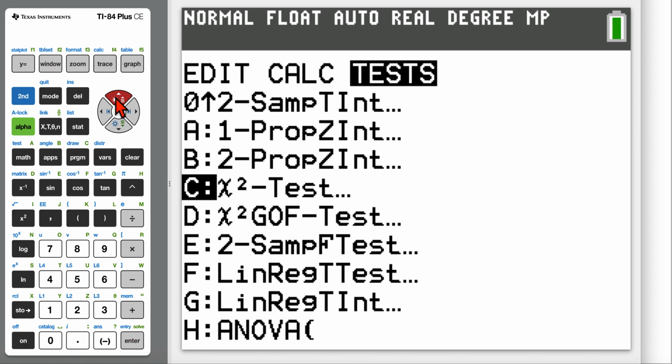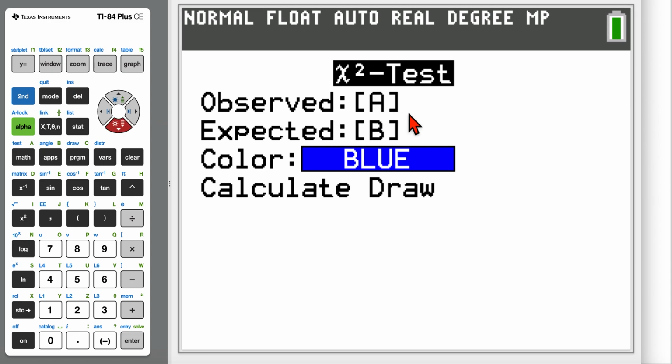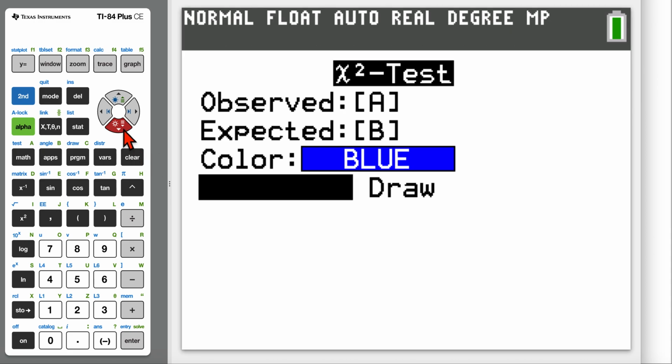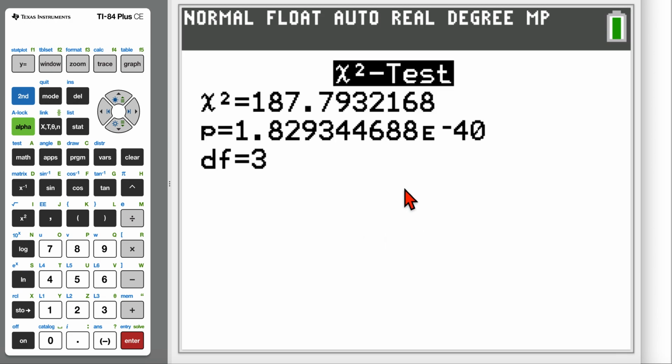Those are the two variables of study. It says, are your observed in list A? Yes, they are. It is going to put your expected in list B. And if you arrow down, it's going to calculate all the information we need. And we'll go back to this in just a minute. I just wanted to show you how to find your expected values.